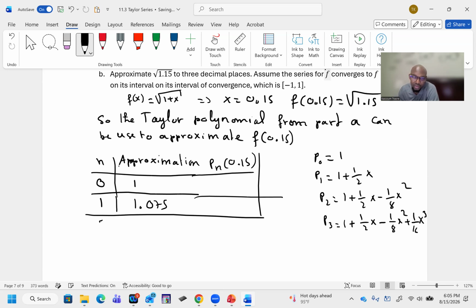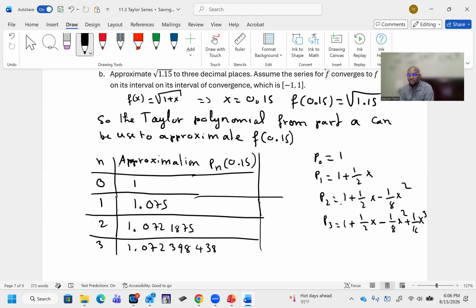And if n is 2, you substitute 0.15 in P2, we'll get 1.0721875. And finally, if n is 3, we'll get 1.07398438. Okay.